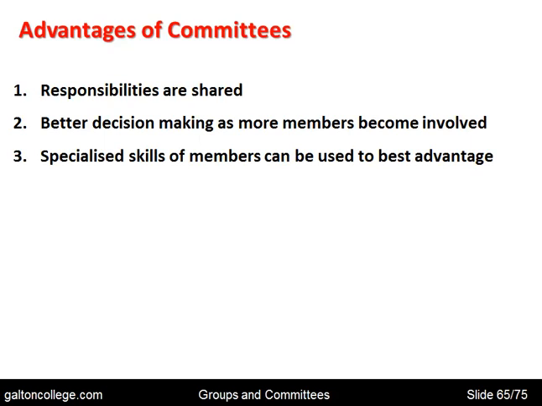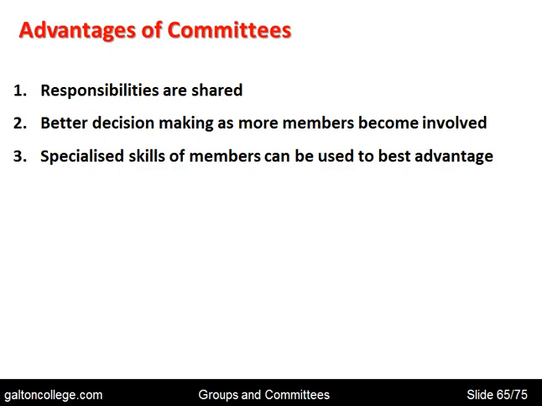Specialized skills of members can be used to best advantage. Some committees may be made up from highly specialized individuals, but perhaps individuals cutting right across the organization. If it's a company committee looking at, let's say, new product development, or the proposals to introduce a new product, and a committee is brought into existence, the committee may have engineers, but it may also have accountants and HRM staff.